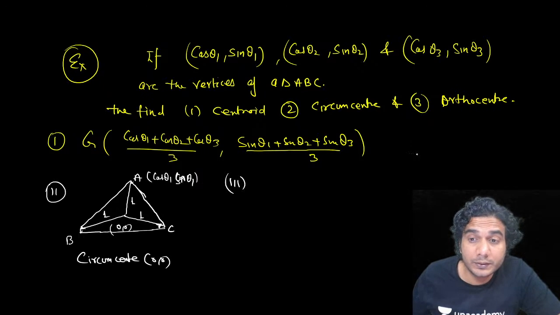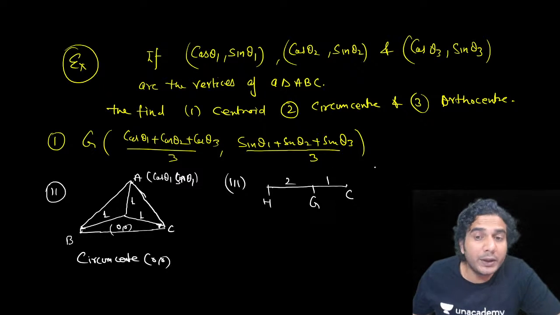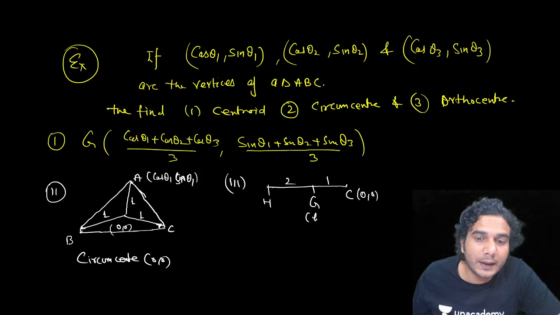So you can use Euler's line. This is circumcenter, this is centroid, and this is orthocenter. This ratio is 2:1. But you can remember, I'm just mentioning this point here, whenever your circumcenter is (0, 0) and your centroid is (h, k), then your orthocenter is going to be (3h, 3k).